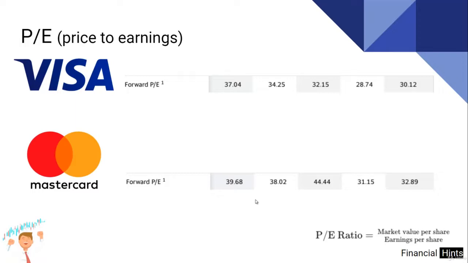So we have price to book, price to earnings, and price to sales. To be honest, they are all different from each other, and some of them work better for certain industries. For example, for cyclical companies, when we look at banks or, let's say, oil companies, the price to book works really well.